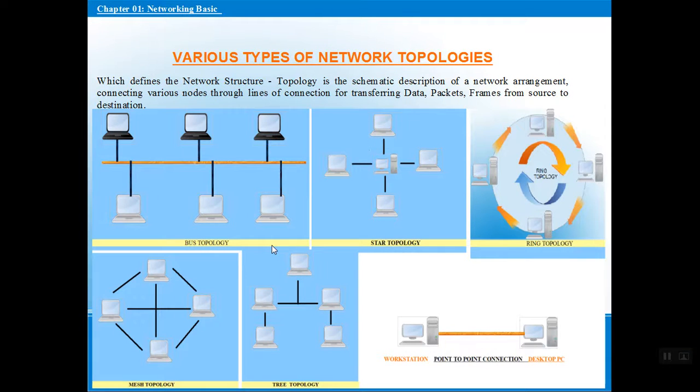So let's go with the various types of network topologies. In topologies, we define the network structure, that is, how information, data, packets and frames travel from source to destination. So we have different types of topology here. We can use bus, star, ring, mesh, tree and hybrid.